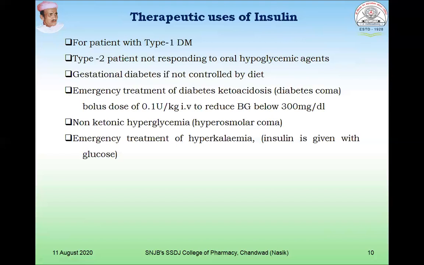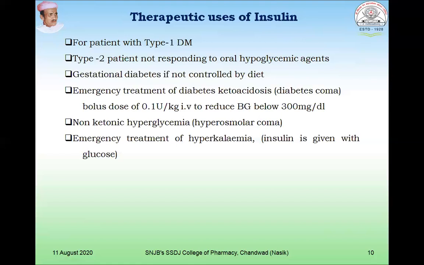The patients are usually dehydrated, hyperventilating, with loss of consciousness, and the treatment includes a bolus dose of 0.1 unit per kilogram intravenous insulin to reduce the blood glucose below 300 milligram per deciliter.